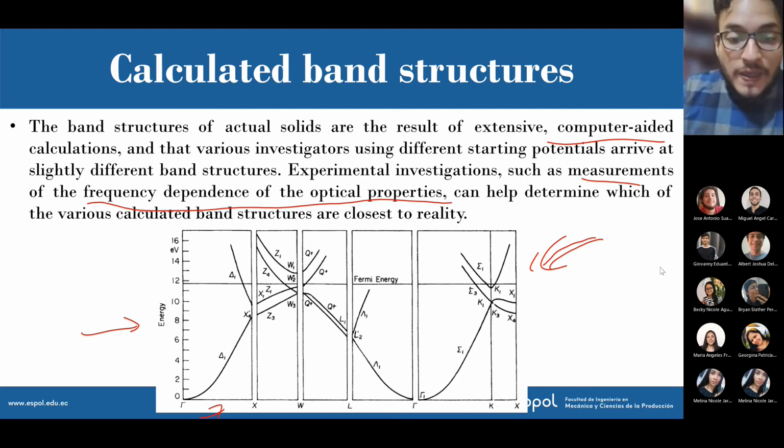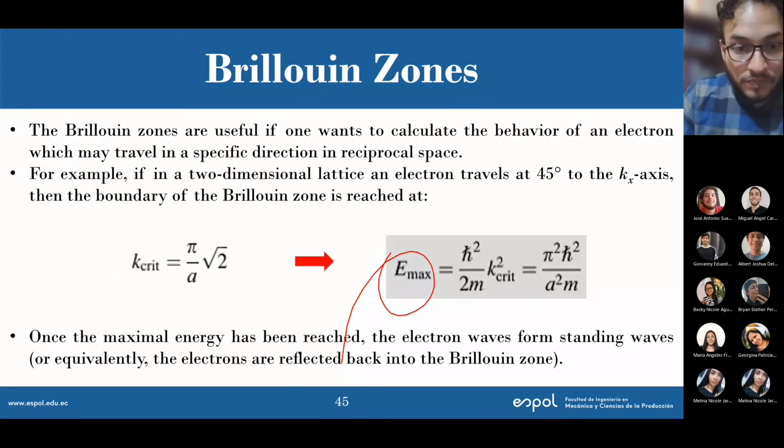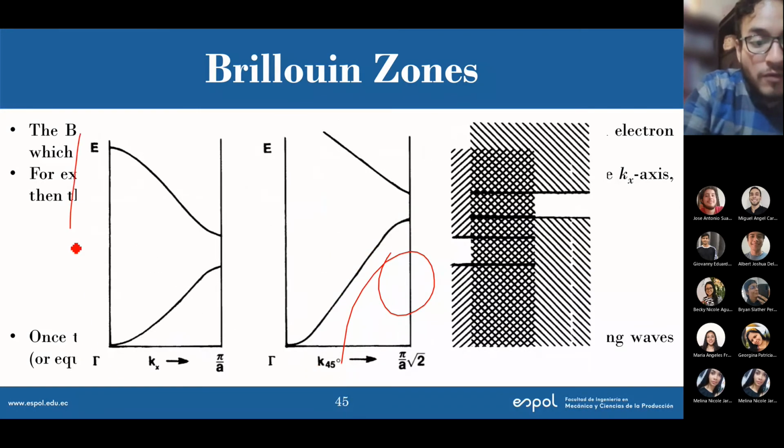And actually, can anyone guess what material you guys are looking at now? What material does this band structure belong to? The only thing that's changing is that this is representing more directions. The graphs here, for example, this is only for one direction.